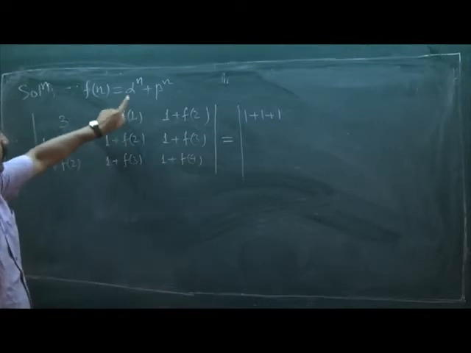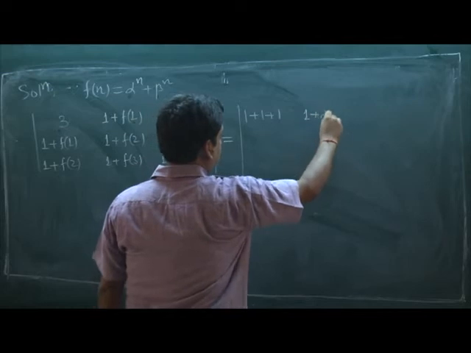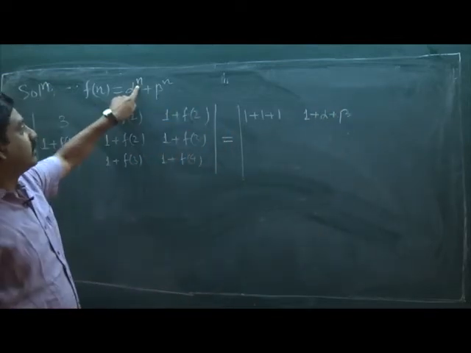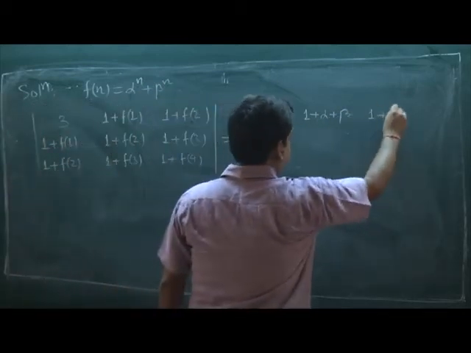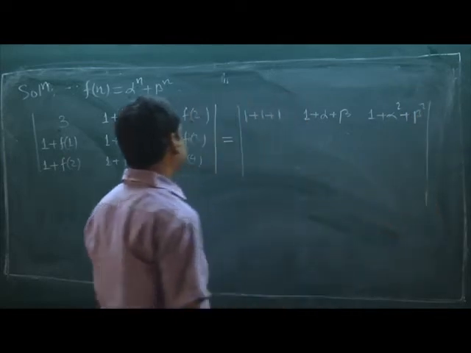Now f1 is alpha plus beta, so this is 1 plus alpha plus beta. f2 is alpha square plus beta square, so this is 1 plus alpha square plus beta square.